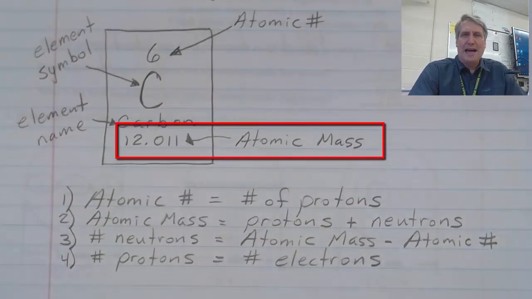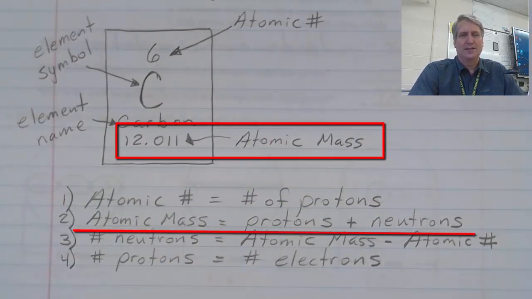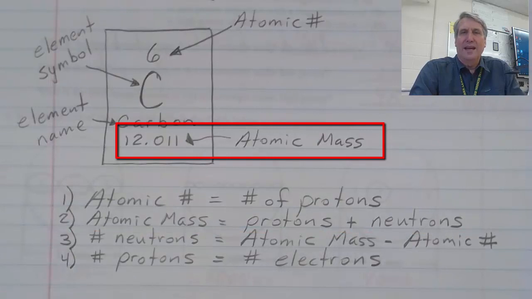The atomic mass of an atom is the combined mass of all of the protons and neutrons of an atom. You may notice that the atomic mass is not a whole number. This is because not all carbon atoms have the same number of neutrons. Every carbon atom has 6 protons, but there are some carbon atoms that have slightly different numbers of neutrons.